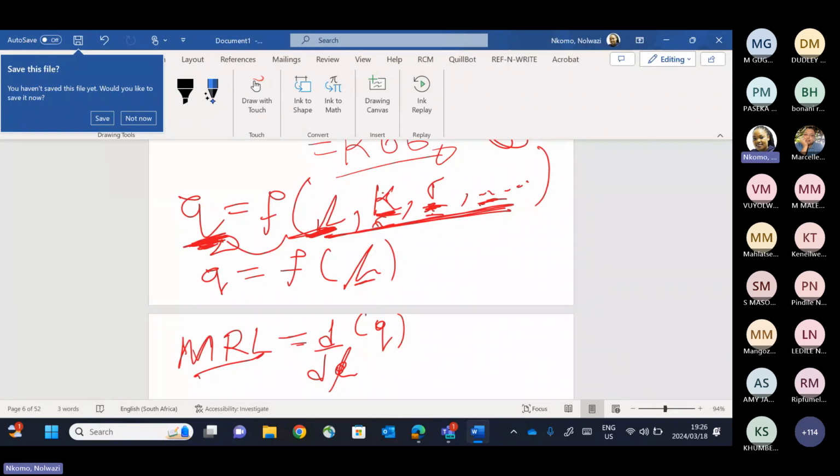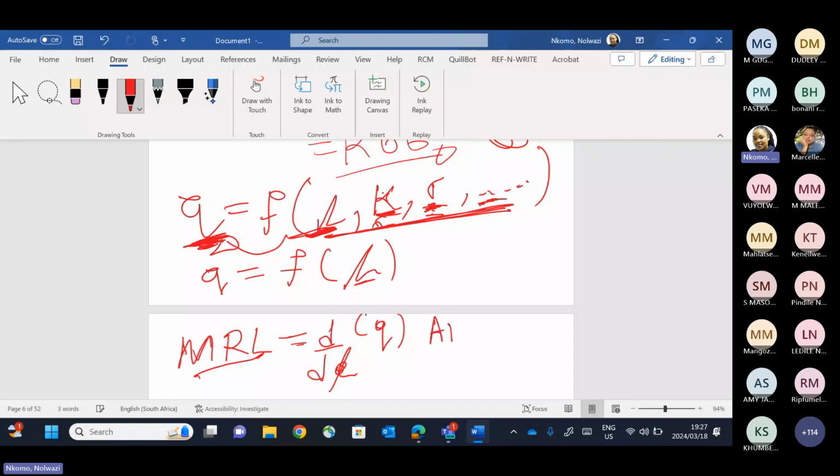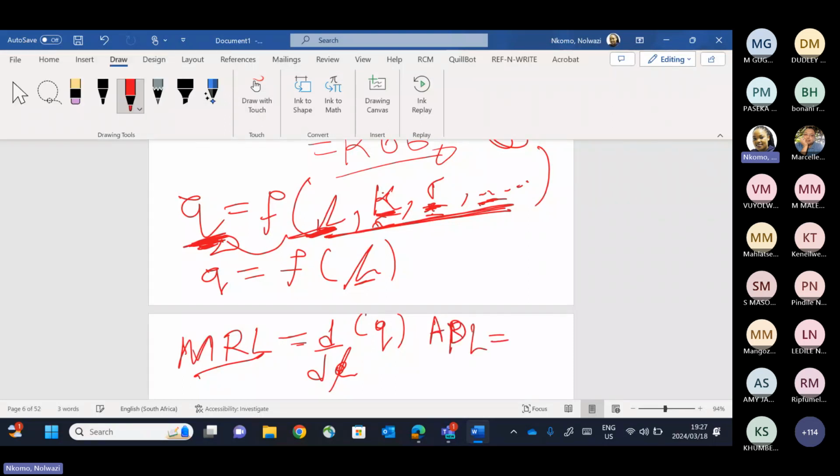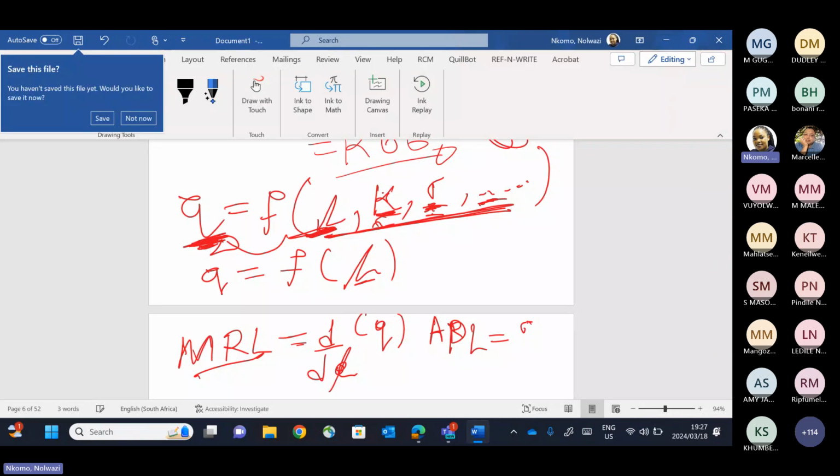We also find the average production of labor to be the production function divided by the number of labor units.